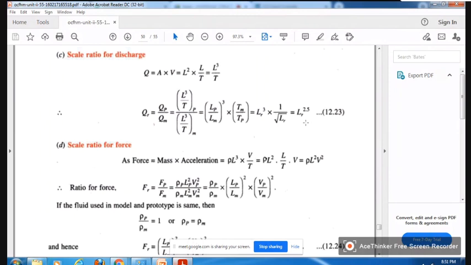In addition, we have a number of advanced software and techniques, like fuzzy logic and ANN, artificial neural network models. Mostly those are not used for hydraulic structures.